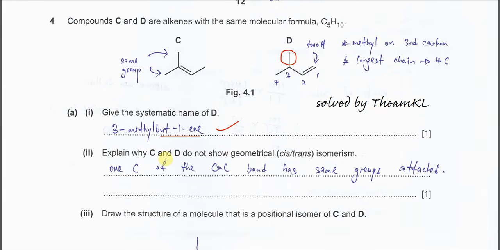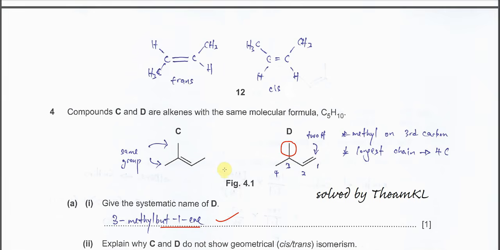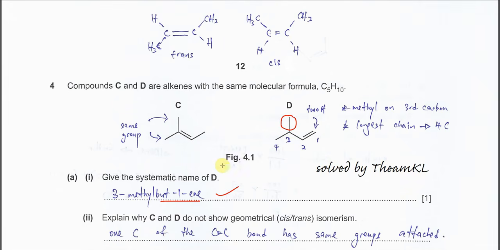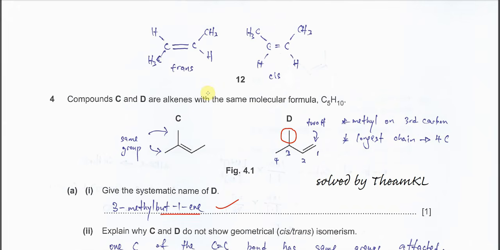Part 2. Explain why C and D do not show geometrical or cis and trans isomerism. Before we refer to C and D, first you need to know what cis and trans isomerism is about.